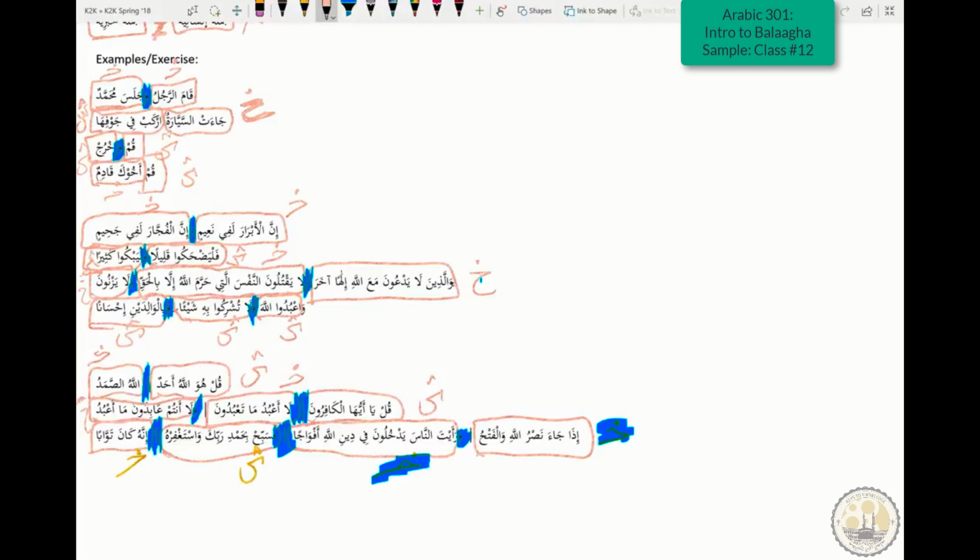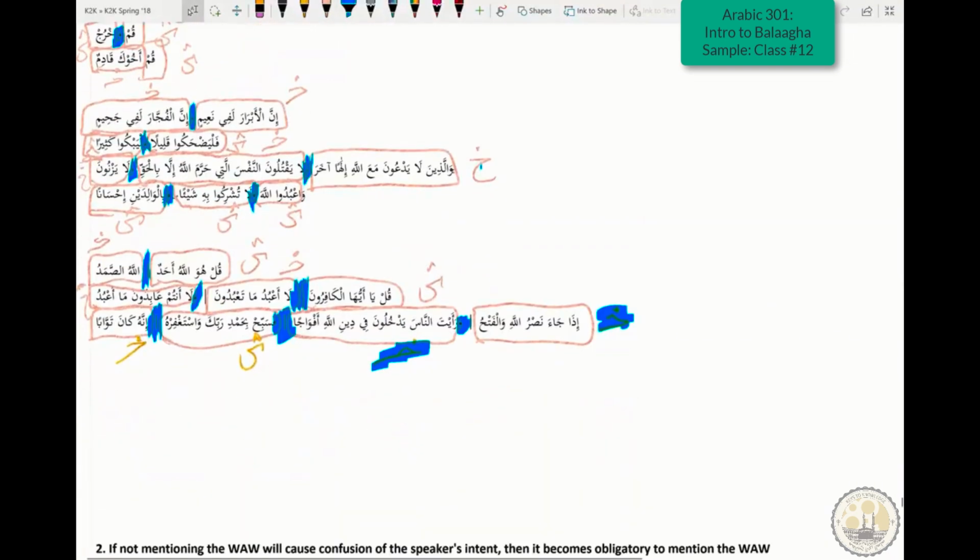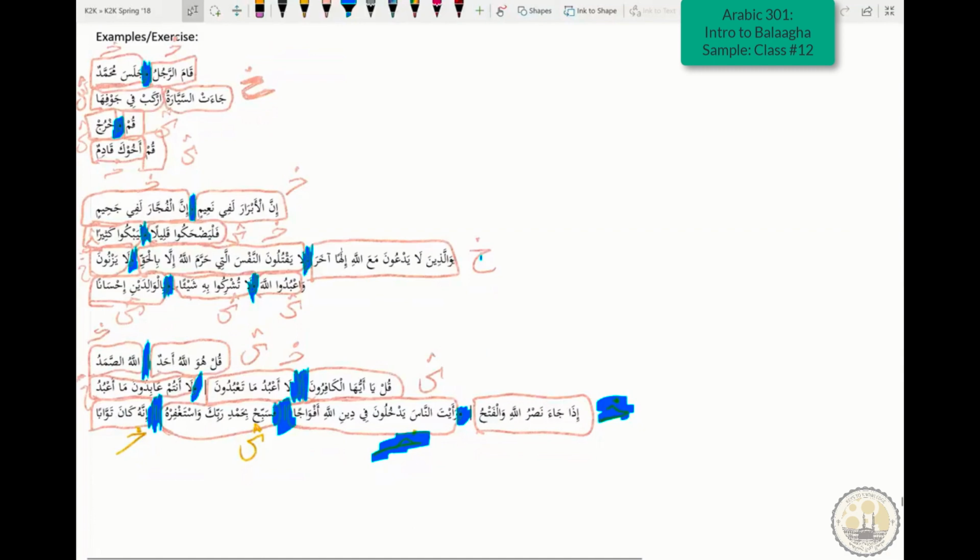But if they don't agree, then the waw is omitted. Okay? The waw is omitted. And either another harf atf was mentioned like aw or thumma or fa, or yani nothing is mentioned at all. You guys understand this so far?